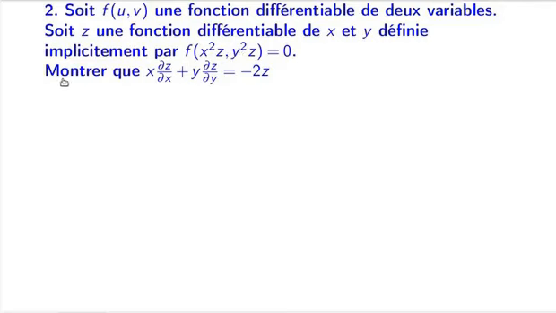Now we are asked to show that x multiplied by the partial derivative of z with respect to x plus y multiplied by the partial derivative of z with respect to y is equal to minus z.